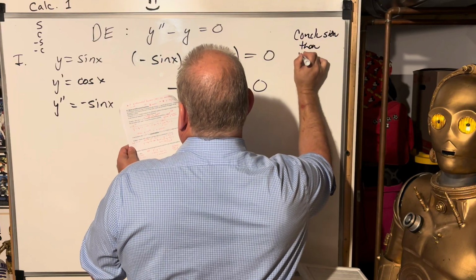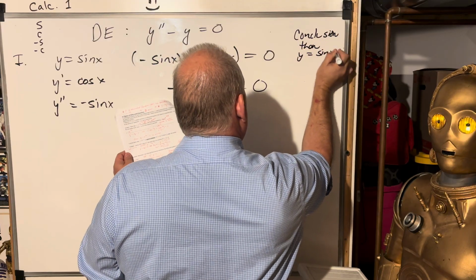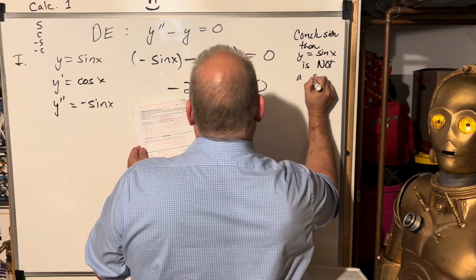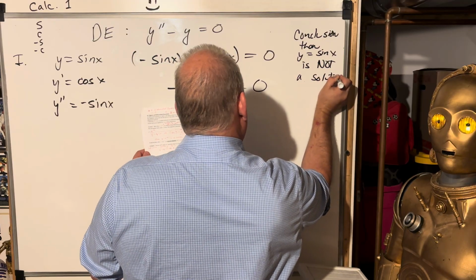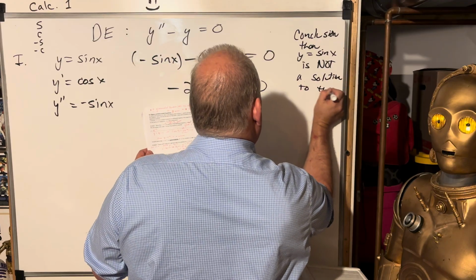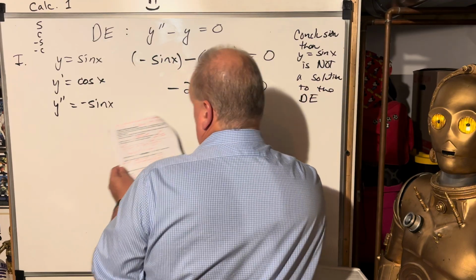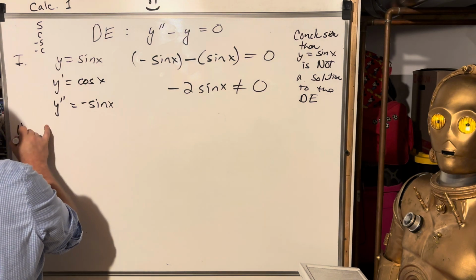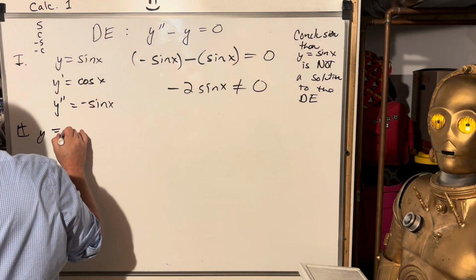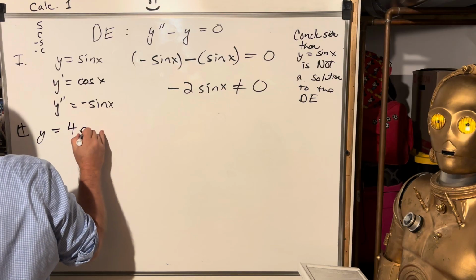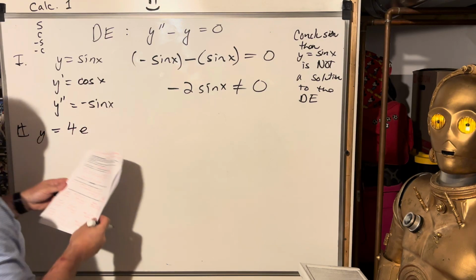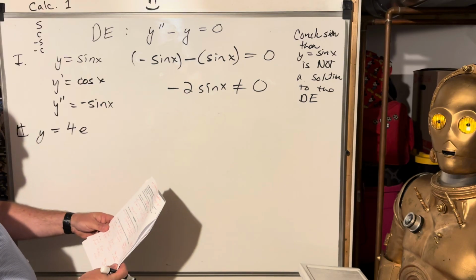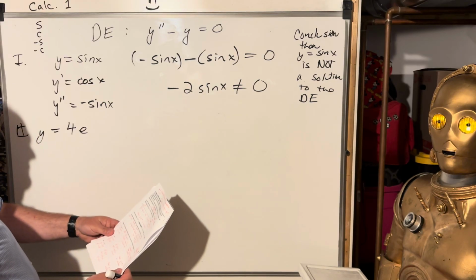Then y equals sine x is not a solution to the differential equation. All right, let's see if we have better luck with the second one. Y equals 4e to the negative x.